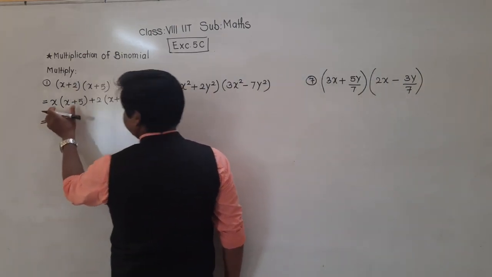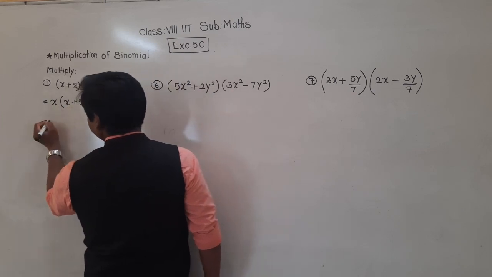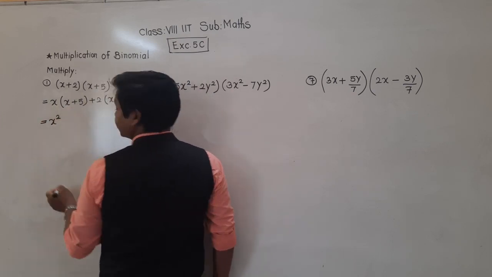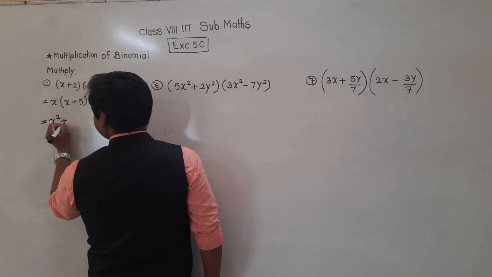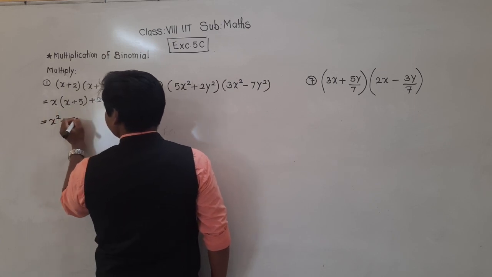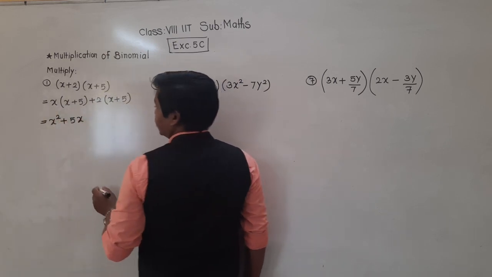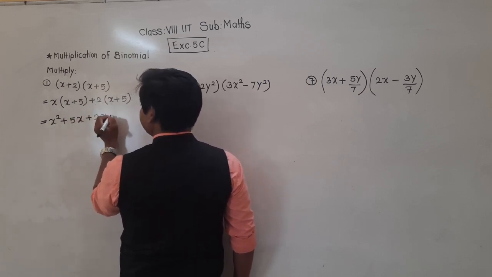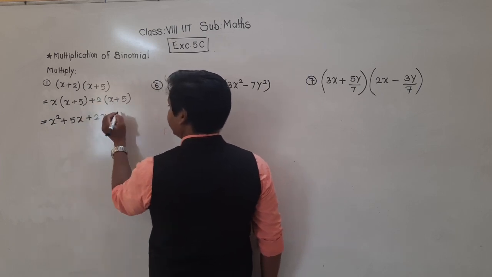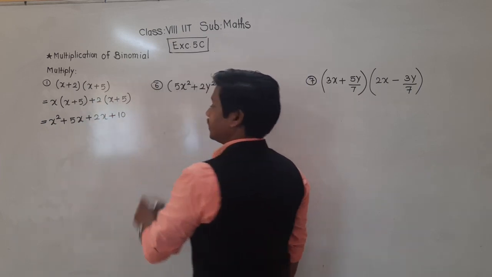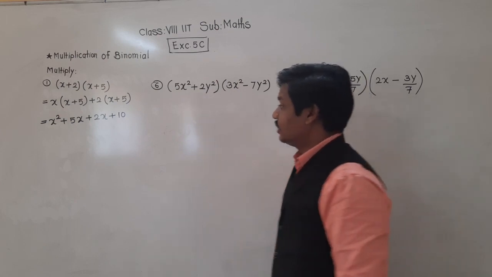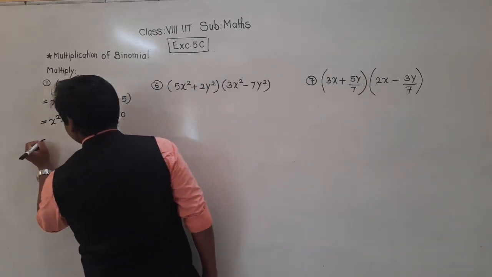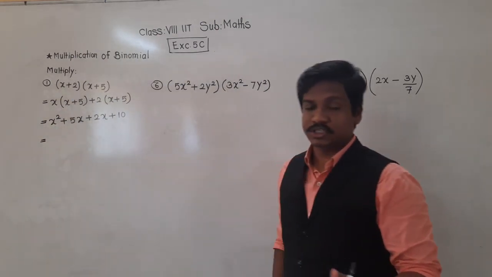Now multiply, distribute: x into x, x square, plus x into 5, 5x. Now the second term: 2 into x, 2x, plus 2 into 5, 10. Now if there are like terms, you can add or subtract them.